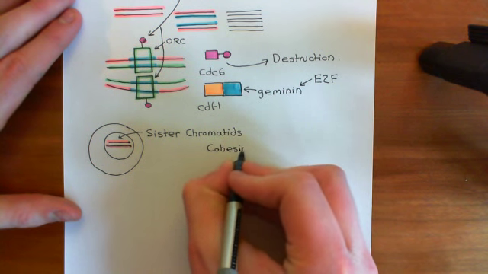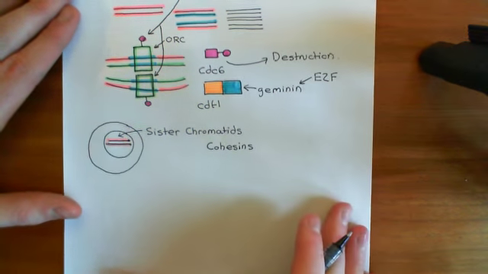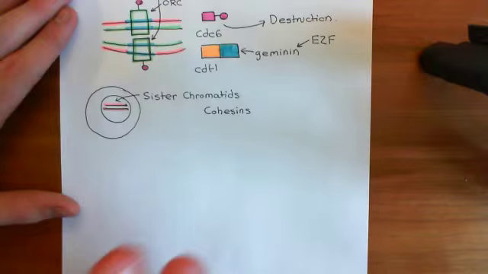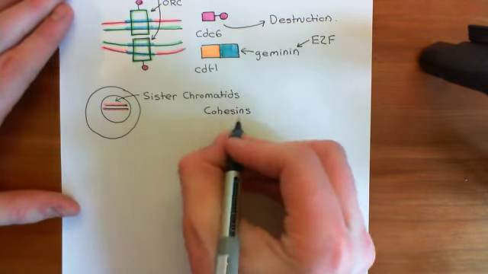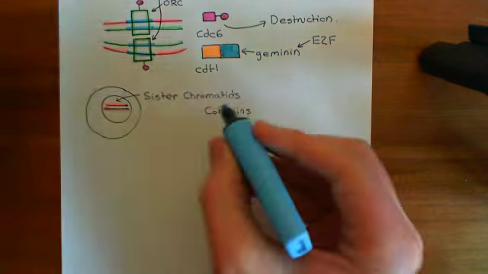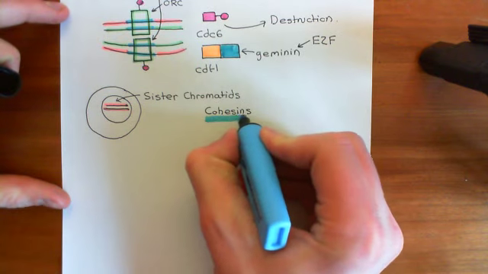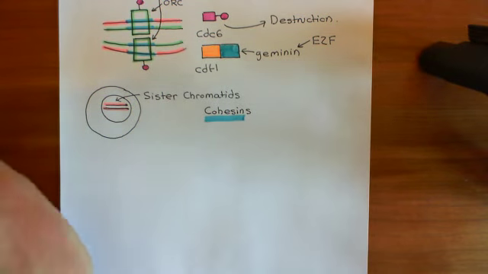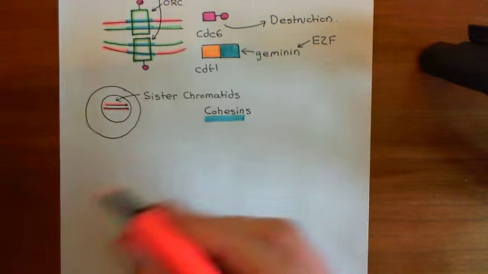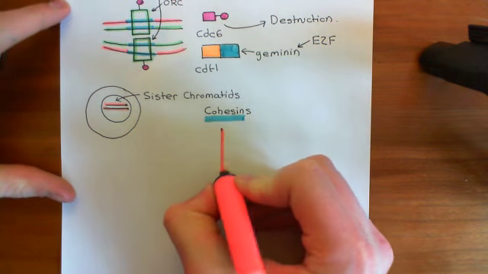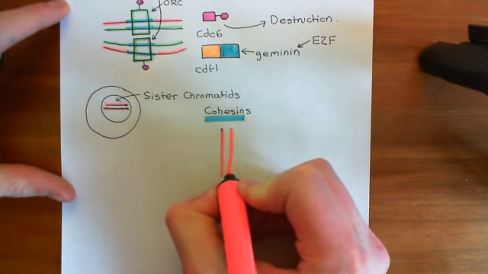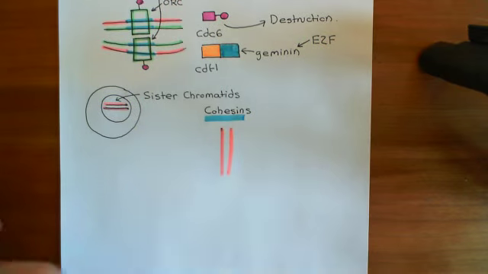Okay, so let me just discuss with you what a cohesin is then. Okay, well basically a cohesin is a complex consisting of 4 separate proteins that wraps around the 2 strands of DNA. Okay, so if we've got our 2 chromosomes here, here's one and here's the other. Okay, so both of these lines represent double-stranded pieces of DNA.